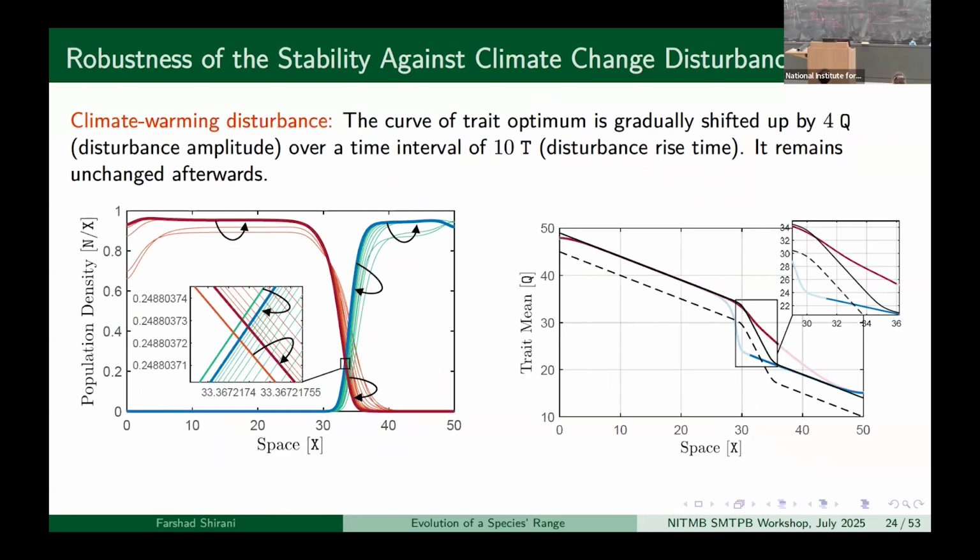When you change the environment, I just shifted the trait optimum by a magnitude of 4 over a duration of 10 generation times. And then the two species try to adapt themselves to the new environment. The stronger one has a little bit of advantage. It shifts the interface a little bit to the right.